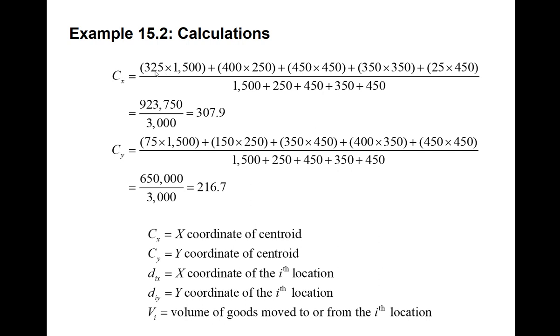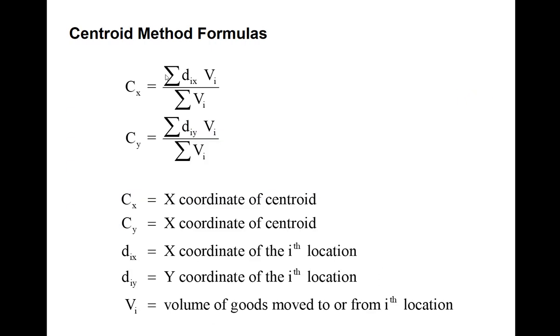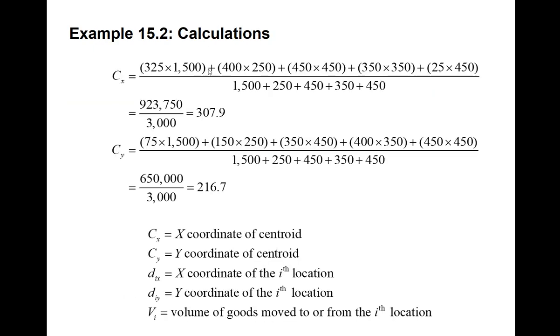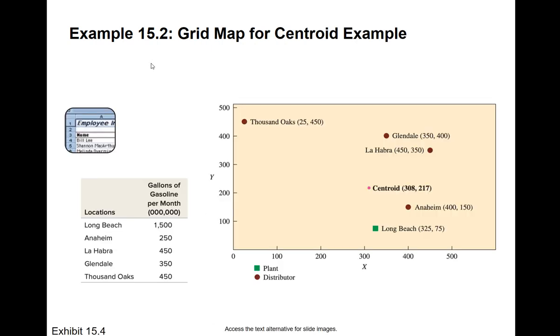We need to take the value for each location times the number of the volumes. So here 1,500 is for Long Beach, and this is the Long Beach x value.